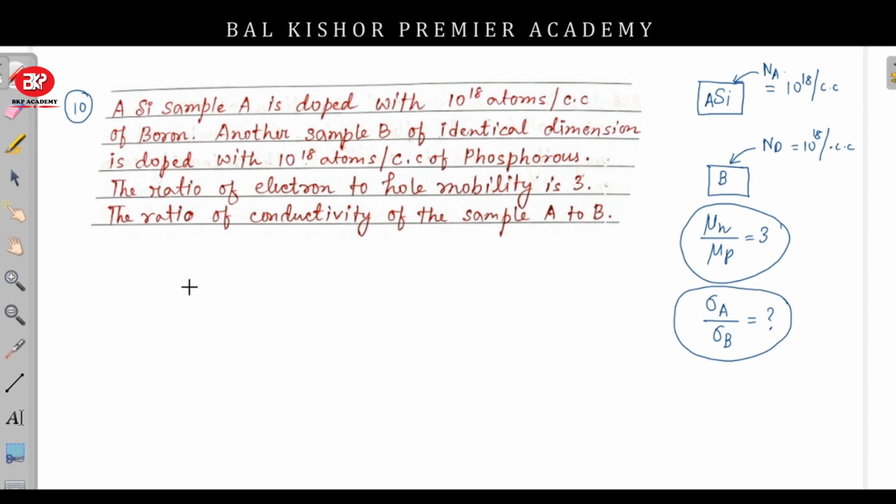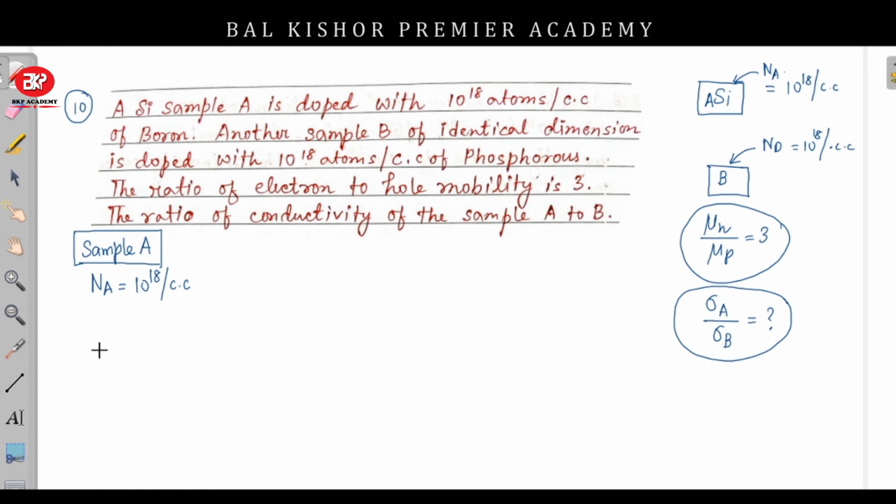Now let us take sample A first. In sample A you can see that it is p-type doped. The Na value is 10 to the power 18 per centimeter cube.